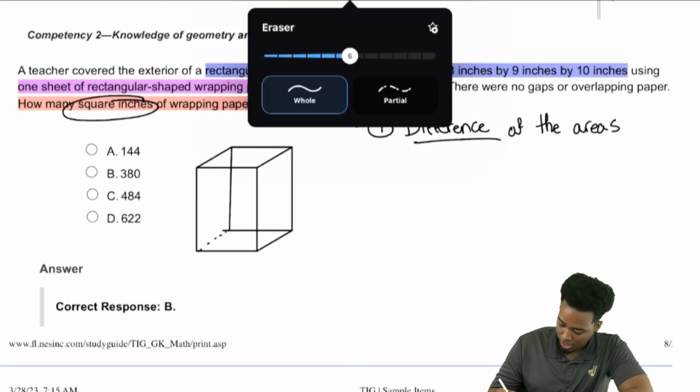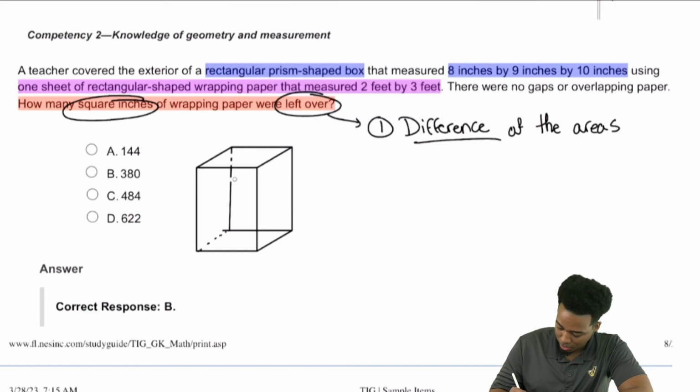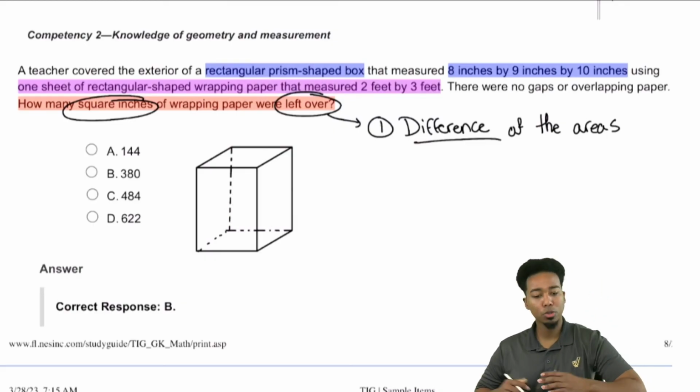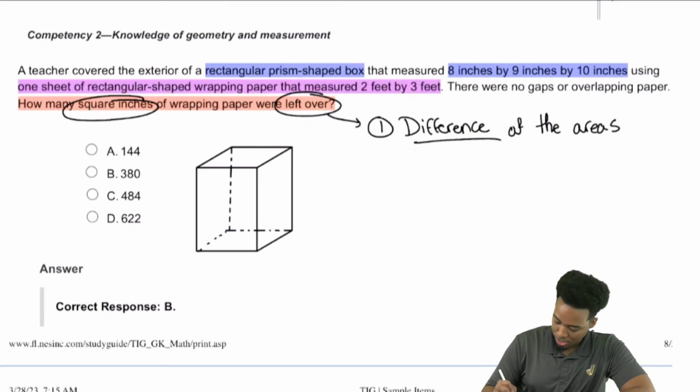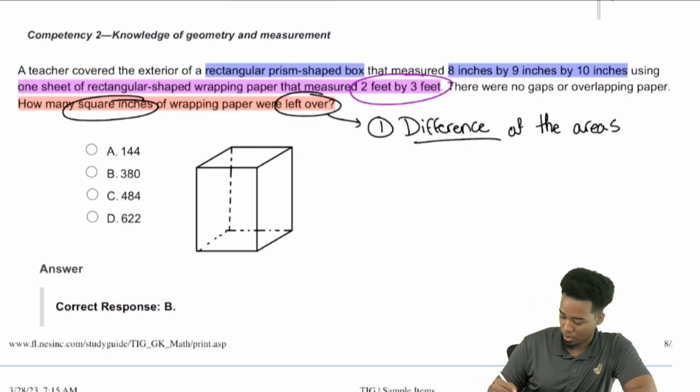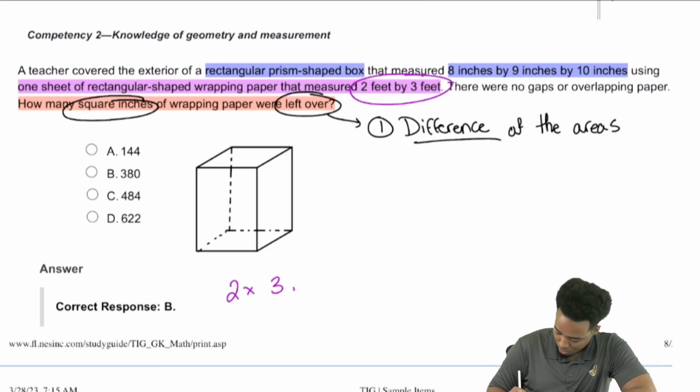It looks something to that effect, right? I'm just trying to help you visualize this. So we're trying to wrap that present, and we're given a 2 by 3 feet piece of wrapping paper. Okay, cool.